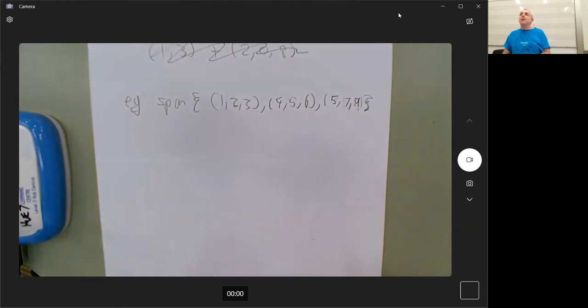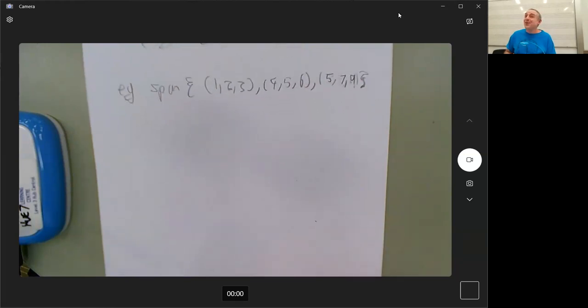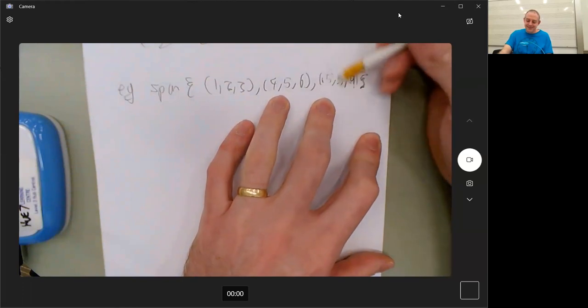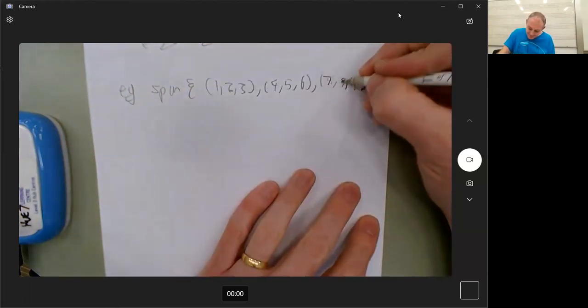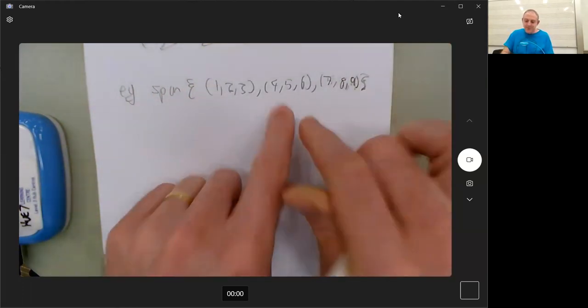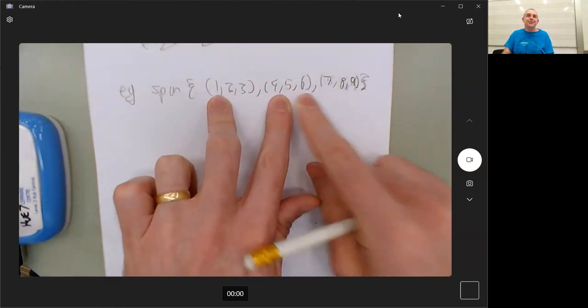It is actually a linear combination of the other two, though. I'm almost certain that you can make 7, 8, 9. There you go. Two of this minus that.